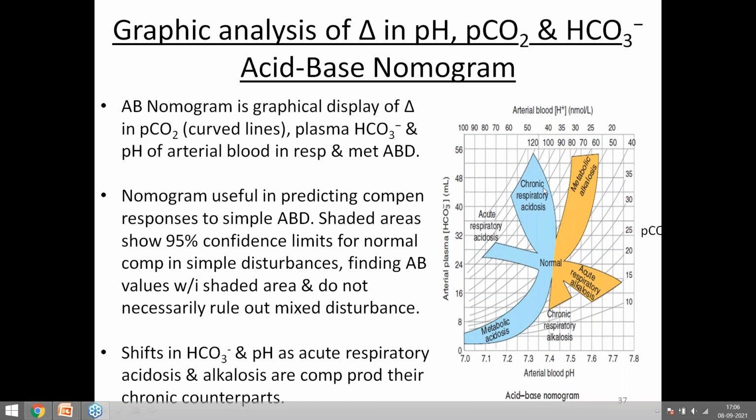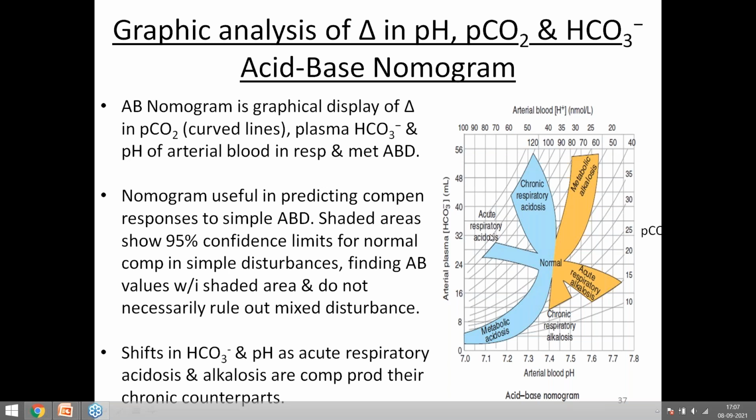What happens in the case of chronic? In chronic, first of all, your PCO2 values are somewhat lesser, and your bicarb has gone up further. Why do you think that has happened? Because it is trying to compensate. It's taking it towards alkalosis to compensate for the acidosis.